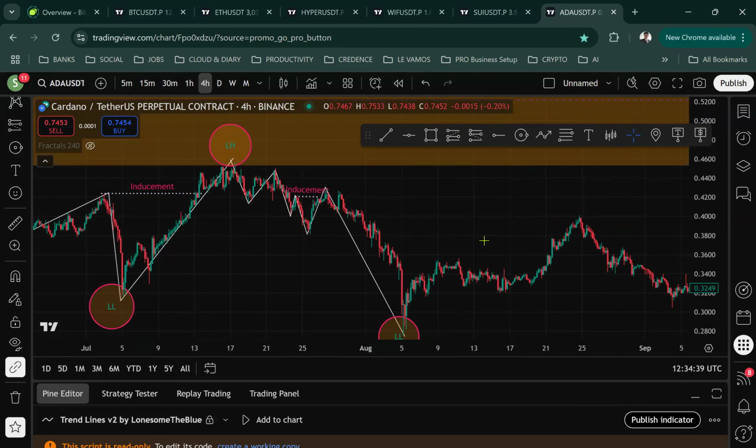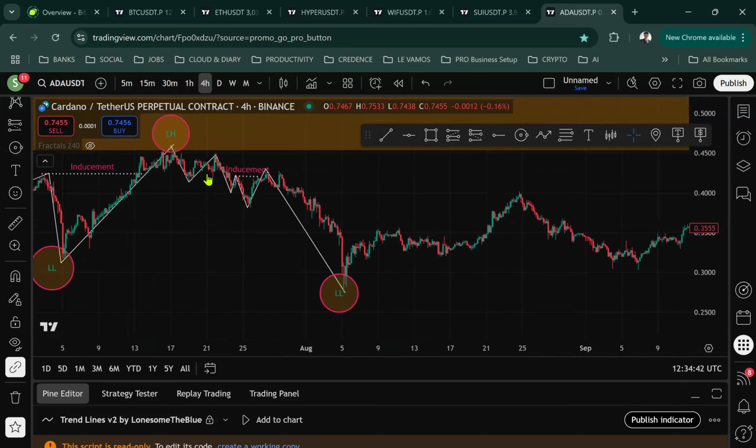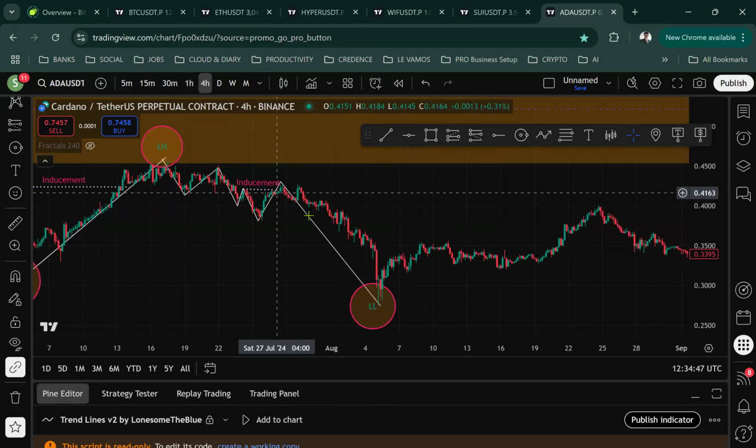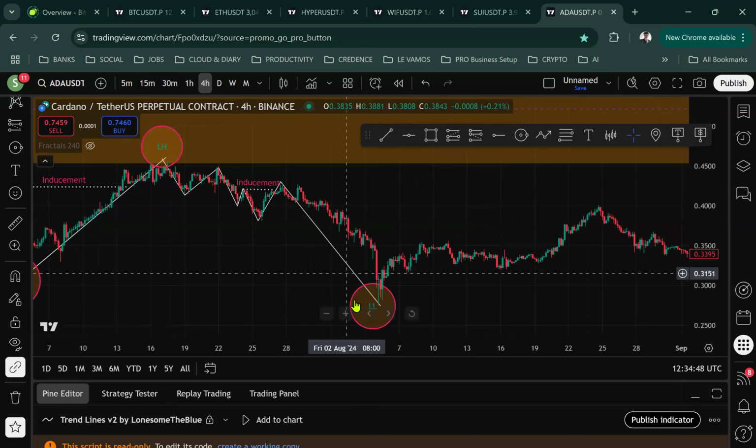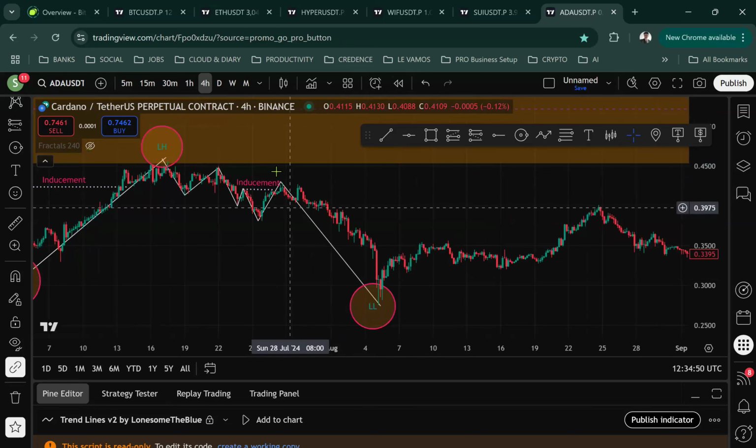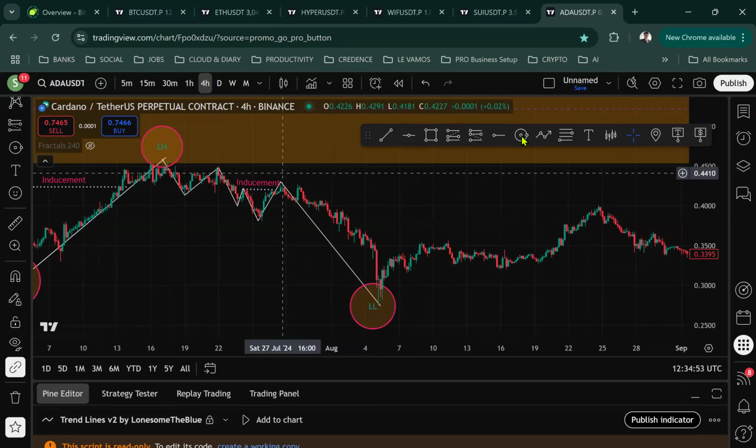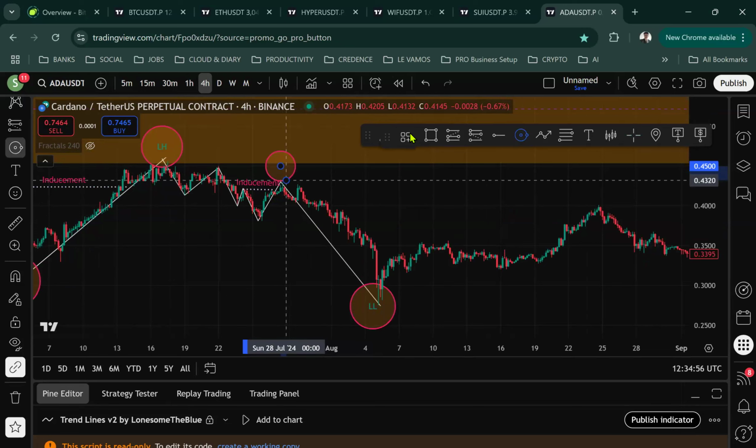And from here again, the new impulsive move is starting. So which means there is another inducement coming here. So naturally, this is the next lower high.